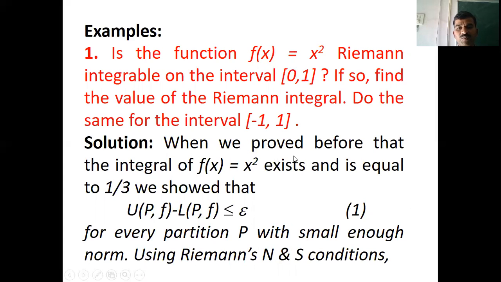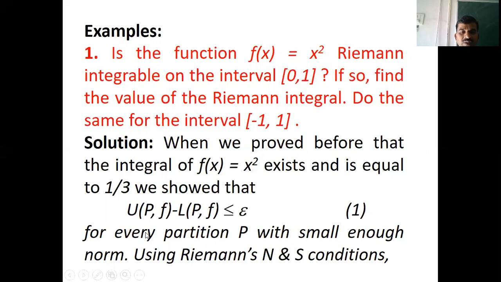We proved before that the integral of f(x) equals x squared exists, because if you take ordinary integration, it is x cubed by 3, so definitely we get 1 by 3 as the answer at the end. But with the help of the condition, we need to prove this result, that it is R integrable, and find the value of the integral also. Do the same for the interval -1 to 1.